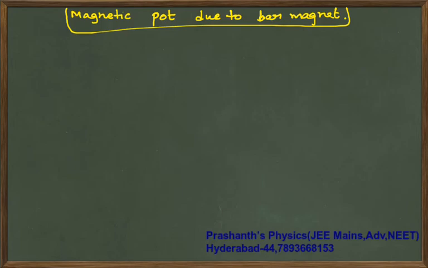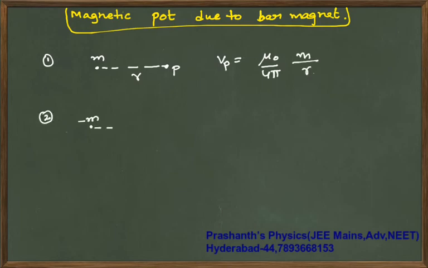Coming to magnetic potential, if it is a unit north pole at some distance r from some point p, at point p your potential is mu naught by 4 pi into m by r. If it is minus m at some distance r from point p, your potential is minus mu naught by 4 pi into m by r.